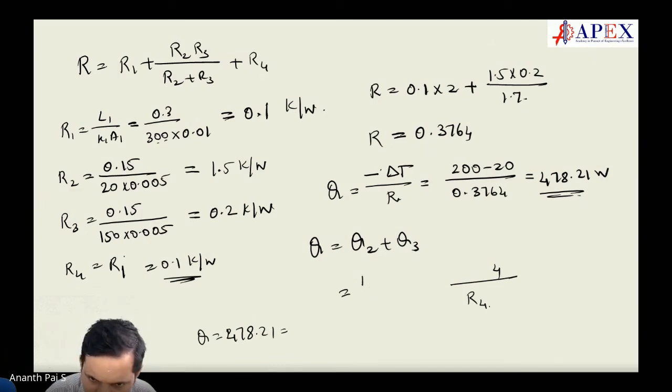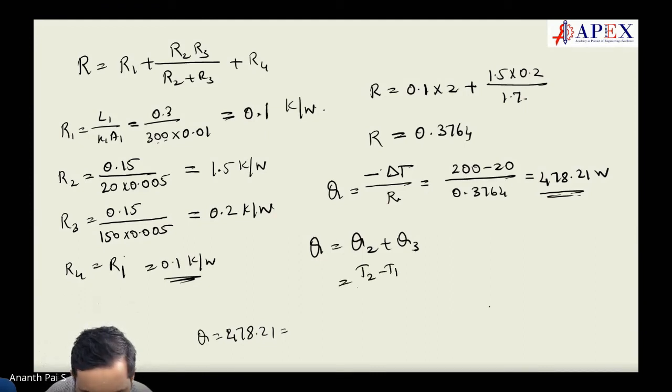The denominator was wrong. Don't copy it just like that. This would be T2 minus T1, or T1 minus T2, divided by R2, plus you will have T4 minus T3 divided by R.